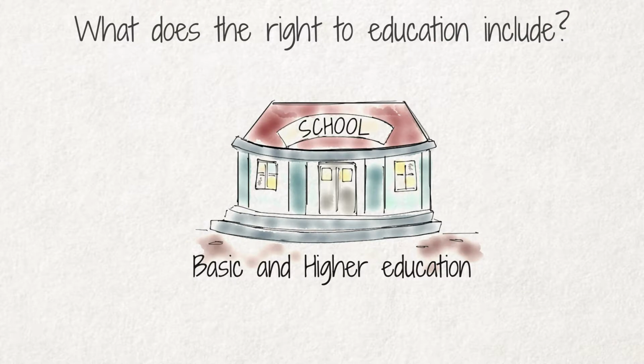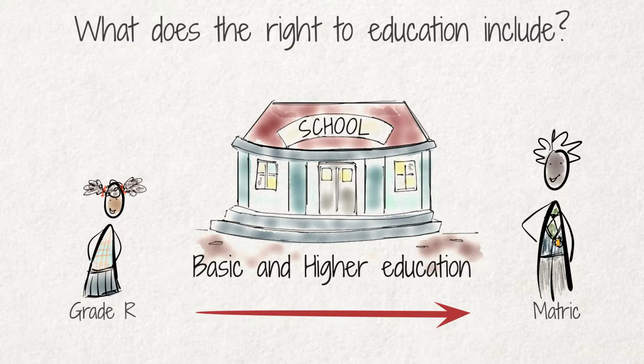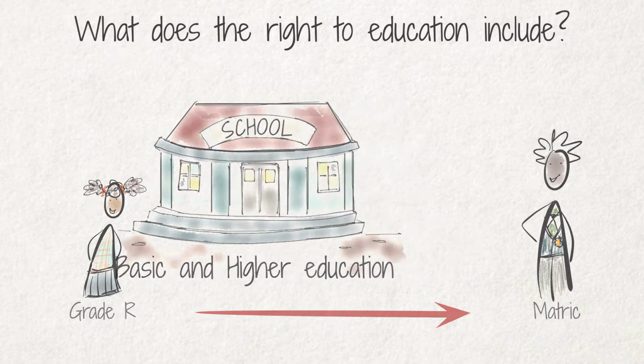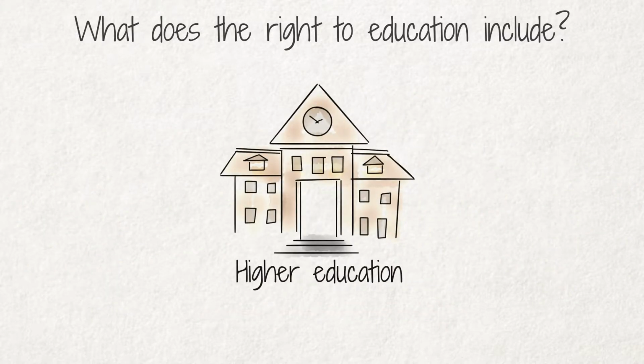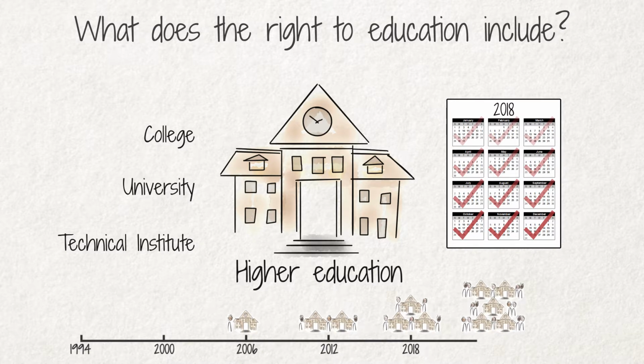Firstly, everyone has the right to basic education regardless of their financial means. This refers to schooling up to matric. Secondly, everyone has the right to further education at a college, university, or technical institute, which the state has to realize progressively.